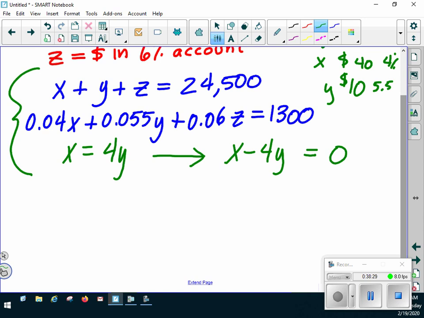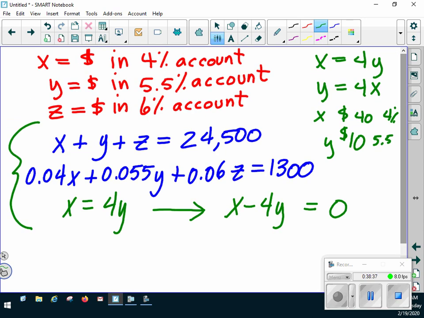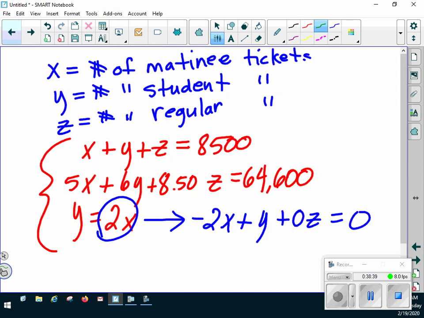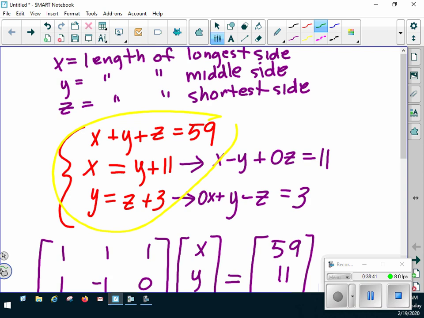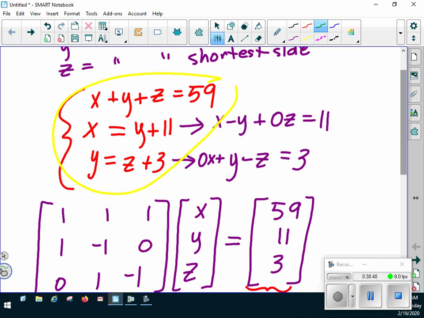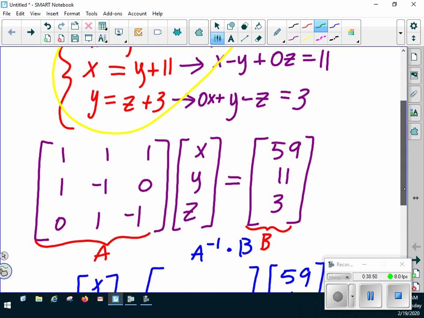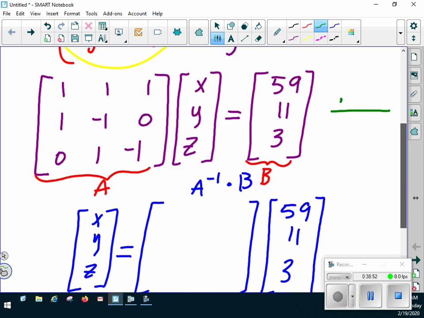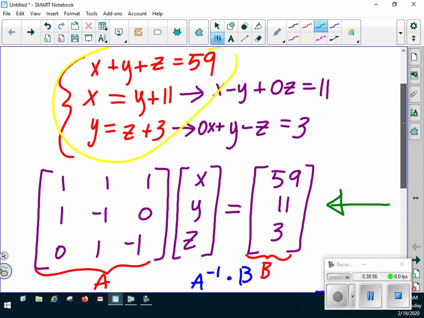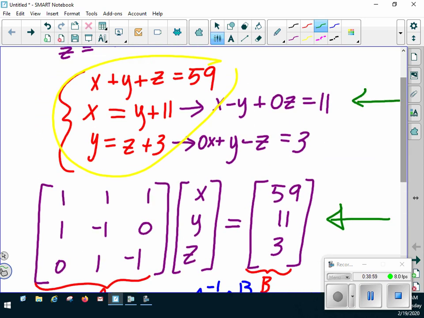Now, you are going to show your work exactly the same way you showed your work yesterday. You're going to write down the system of equations.